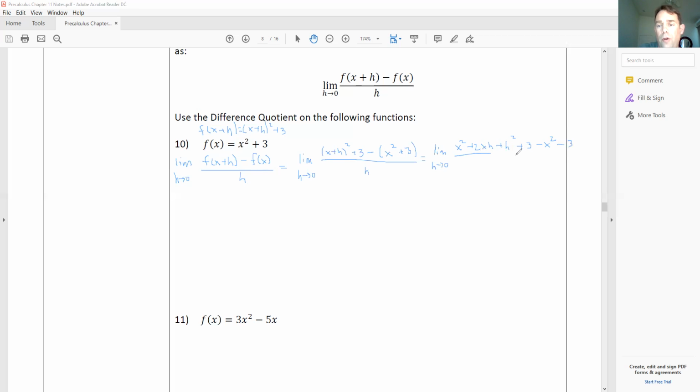And if we do this right, anything that doesn't have an h should have canceled out. So the limit as h approaches 0, our x squareds cancel out. I have my 2xh still, plus h squared. The 3's would have canceled out as well. So this is what we're left with.